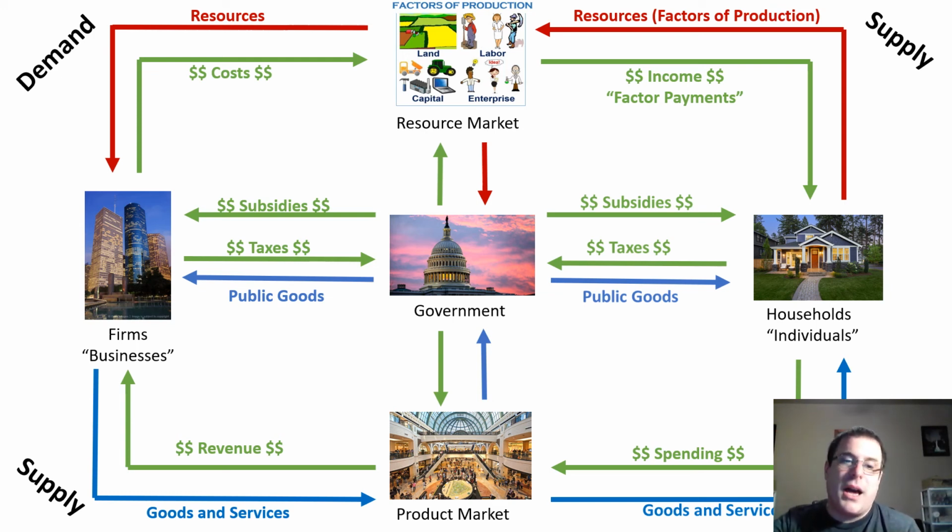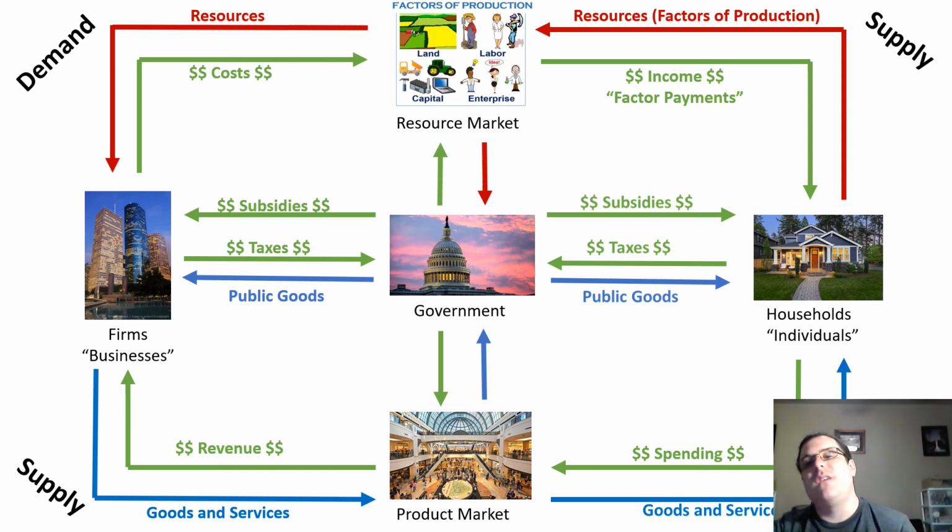They supply goods and services. On the flip side, you have households and individuals. They have demands for goods and services, and they supply the resources.